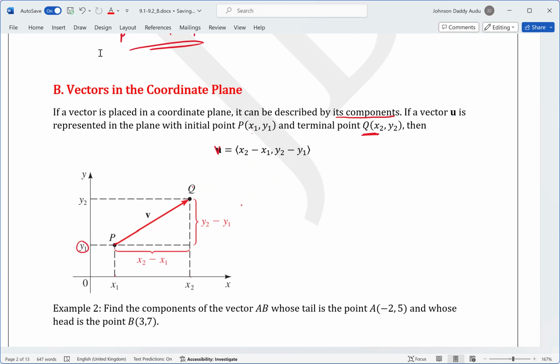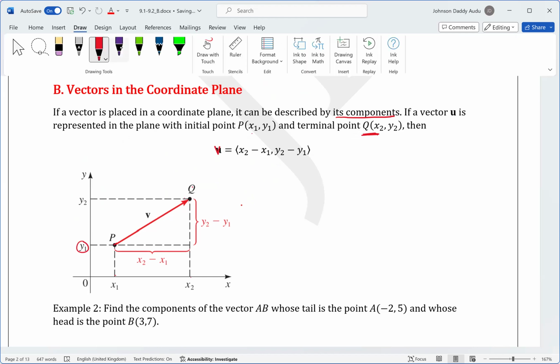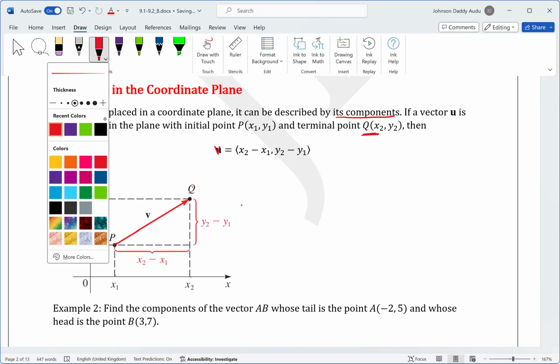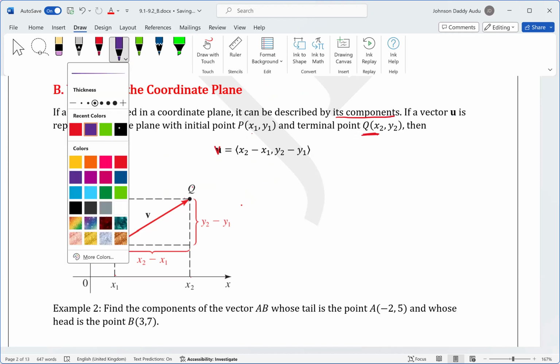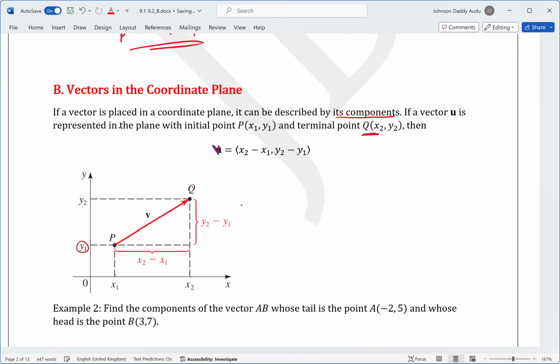So what can we do here? Our vector v, to write it as components, is simply x2 minus x1, comma, y2 minus y1.